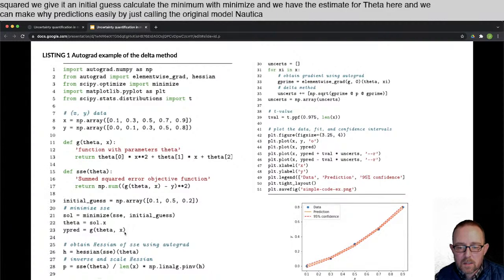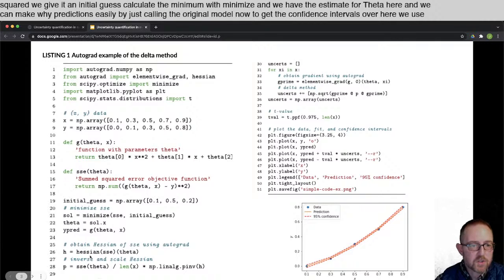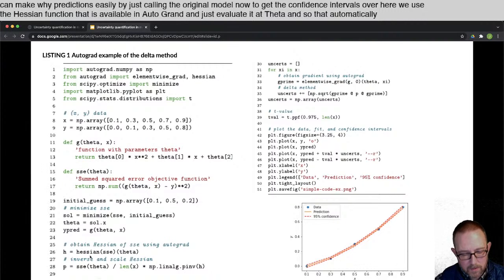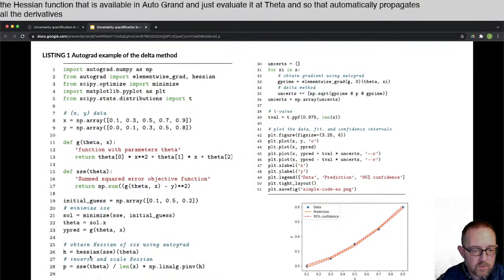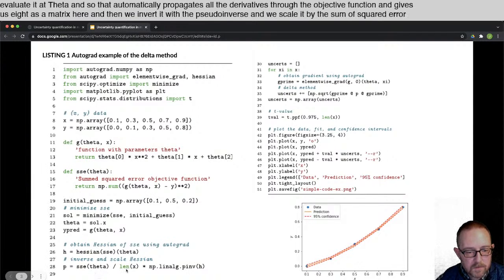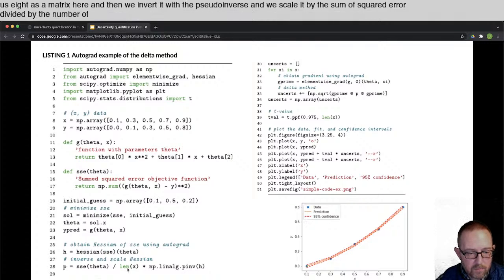Now to get the confidence intervals over here, we use the Hessian function that is available in AutoGrad and just evaluate it at theta. That automatically propagates all the derivatives through the objective function and gives us H as a matrix here. Then we invert it with the pseudo-inverse, and we scale it by the sum squared error divided by the number of points, so the mean squared error, if you like.